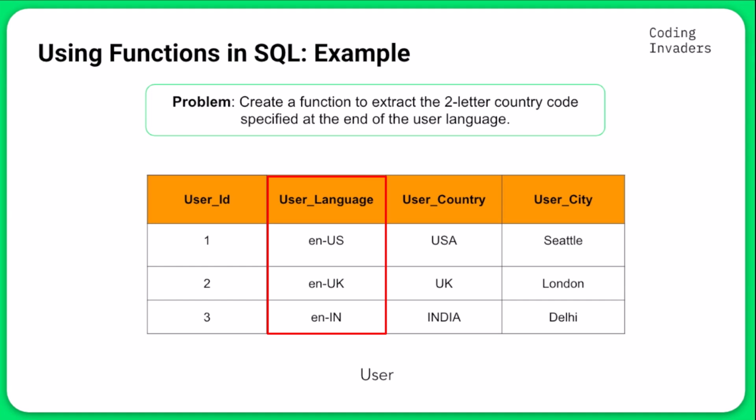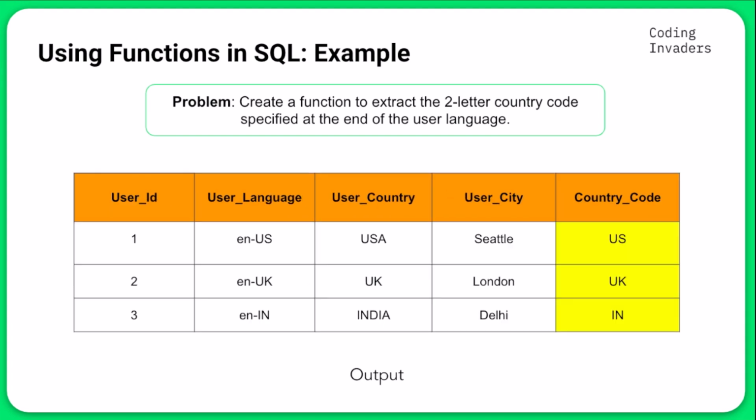They want to extract US, UK, IN from user language, and create a new column named country code. In that new column, US, UK and IN have to be there. That means the last two characters of user language have to be in the country code column.